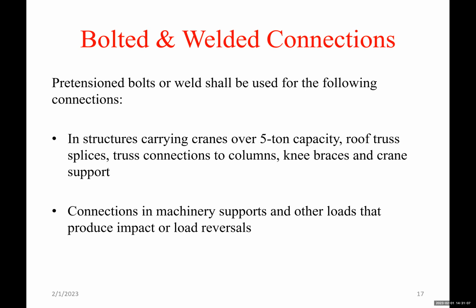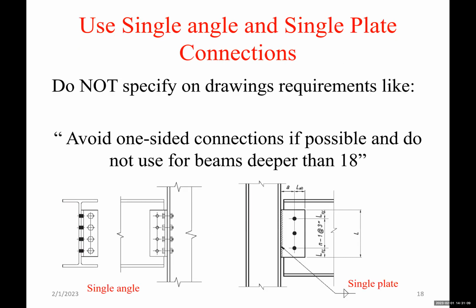Do not specify on drawings requirements like avoid one-sided connection if possible, and do not use for beams deeper than 18 inches. So why do I need to limit the fabricator on what connection type to use?